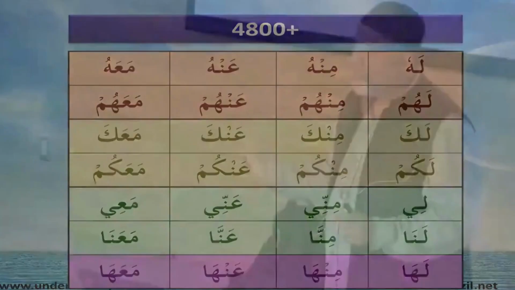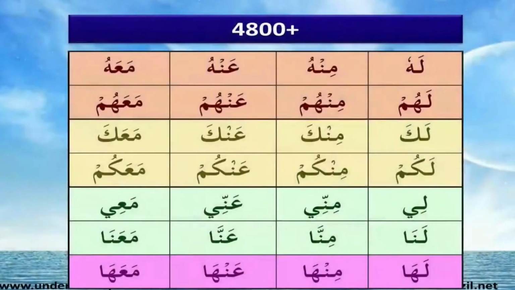In him, in them, in you all, in me, in us, and in her. Okay? Anhu, anhum, anka, ankum, anni, anna, anha. With him, with them, with you all, with me, with us, and with her.